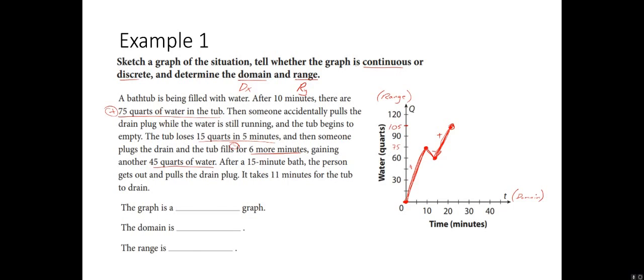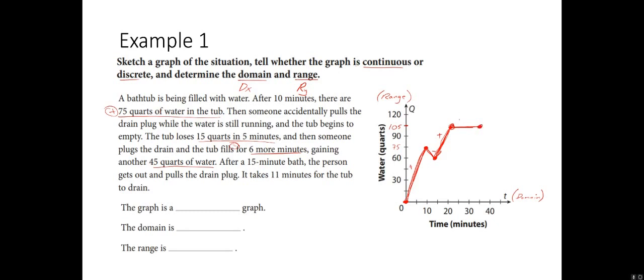Awesome. And after a 15-minute bath, so 21 plus 15, because we're talking about the minutes here, the water's still full. We're just hanging out there. And 21 plus 15 is 36. That's probably right around there.